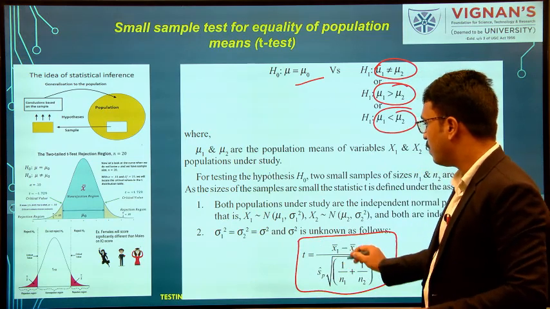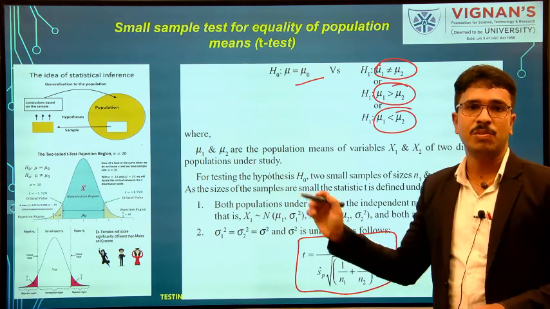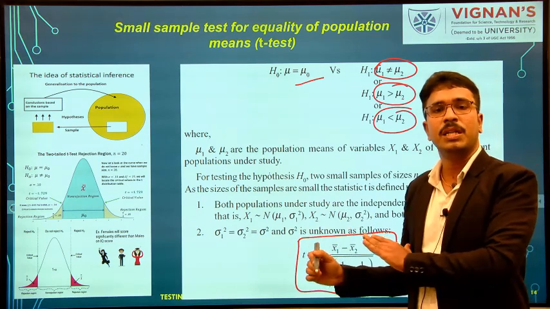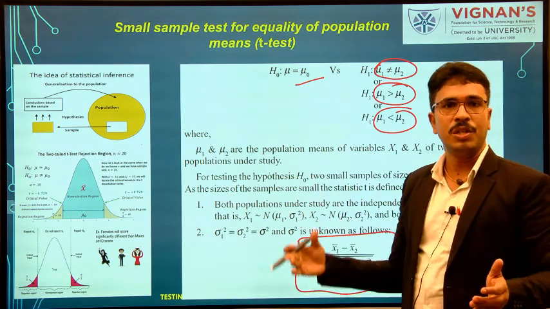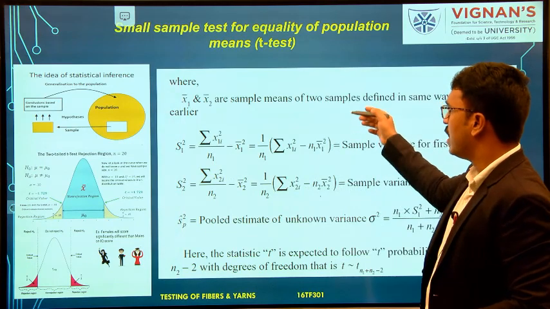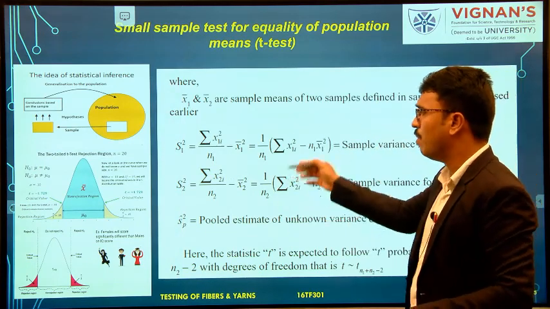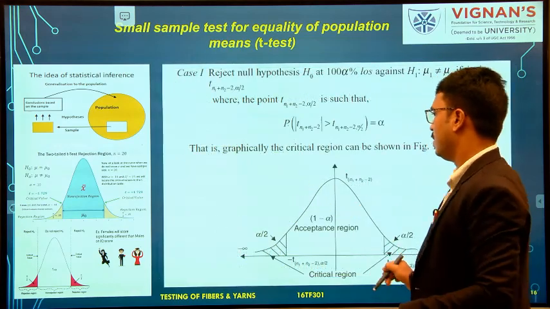So t is equal to x1 bar minus x2 bar by s into square root of 1 by n1 plus 1 by n2. n1 and n2 are nothing but the sample size of population 1 and the sample size of population 2. Okay, that's it. These are the small formulas, and depending on the information given, we have to use them.